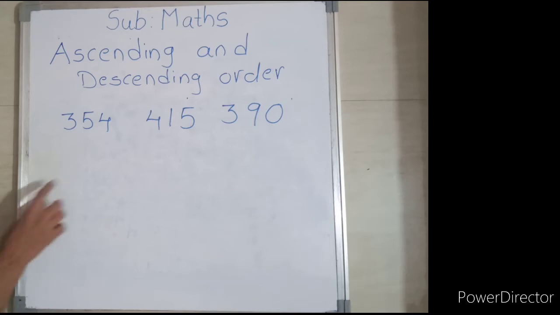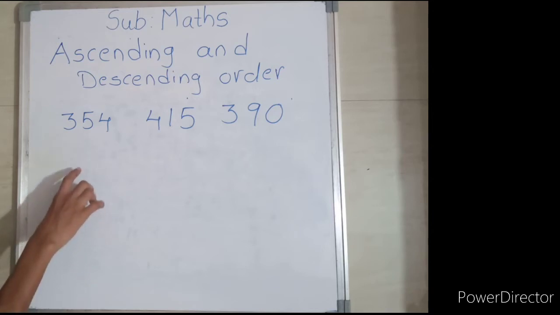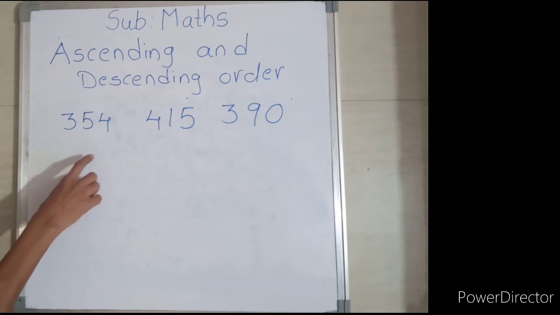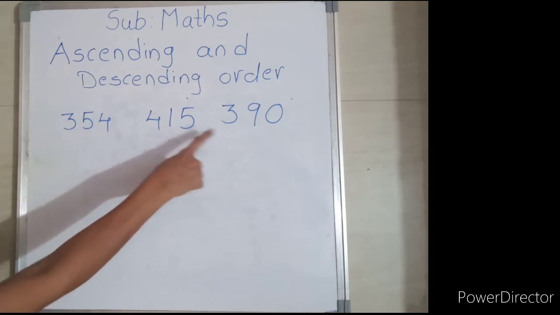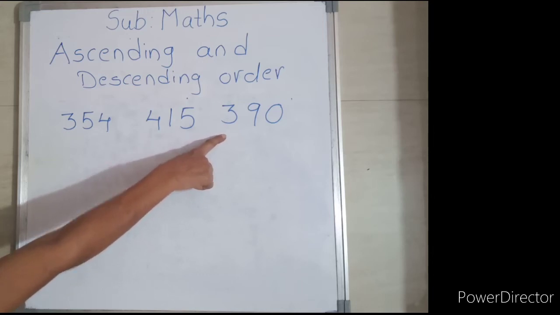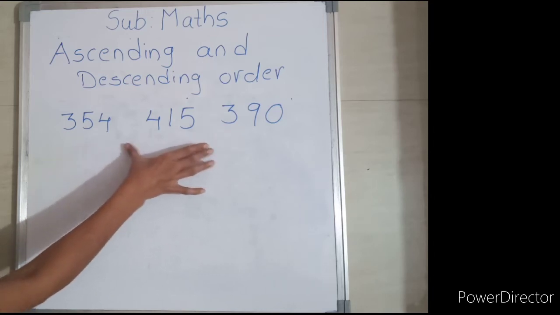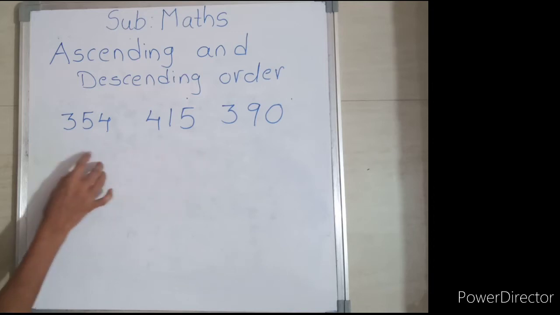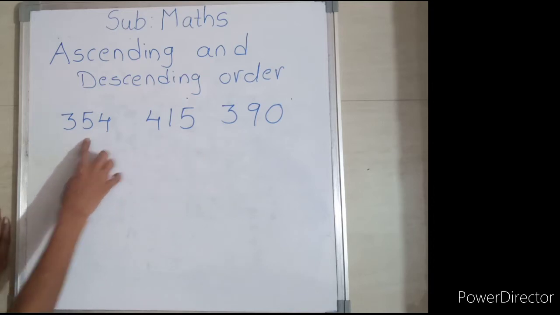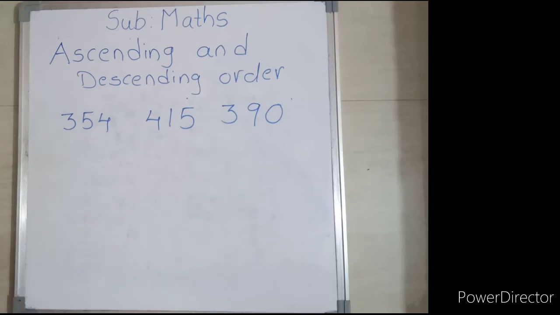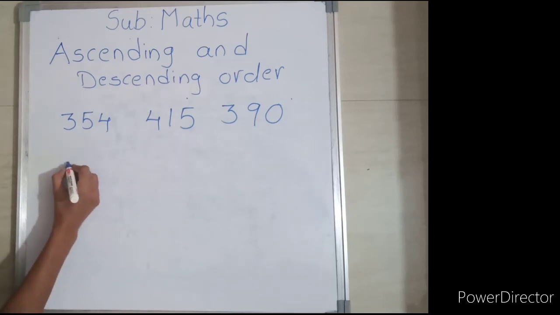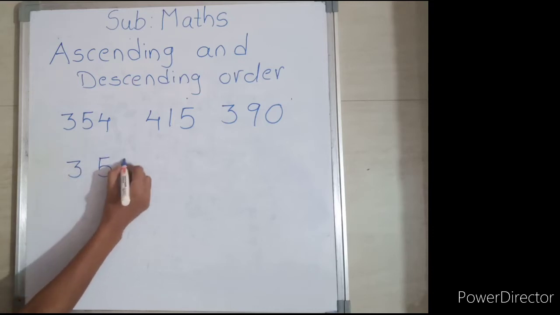We have to arrange these numbers in ascending and descending order. So first see which number is there on ones, tens and hundreds place. So we need to see the hundreds place. Here is 3, here is 4, here is also 3. So now from both these numbers we need to see the tens place. Here is 5 and here is 9. So 5 is smaller than 9. So the first number will come, 354.